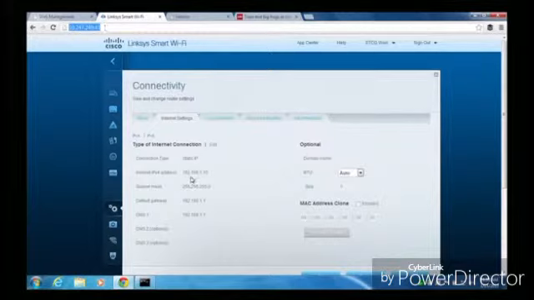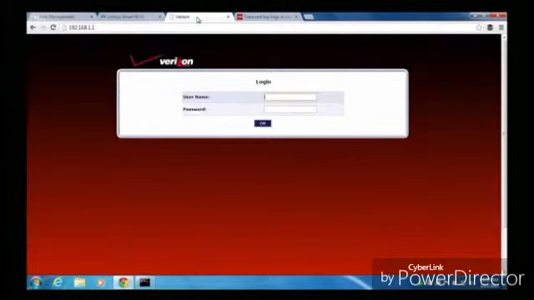The external, the internet connection for this, the IP address is 192.168.1.10, which is, again, a different subnet, and the default gateway for this is 192.168.1.1. Now that then goes up to my Verizon router, and that's the main router for the house.